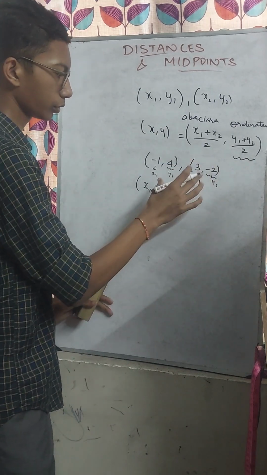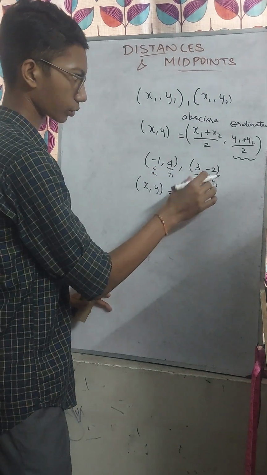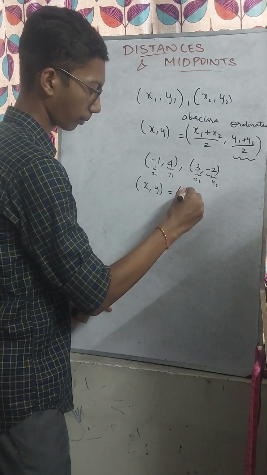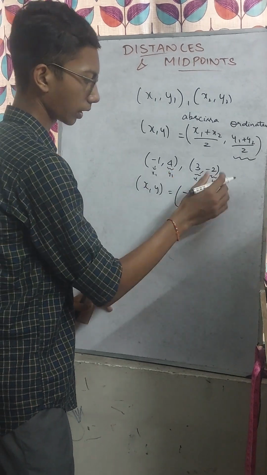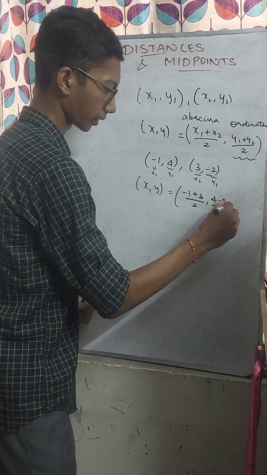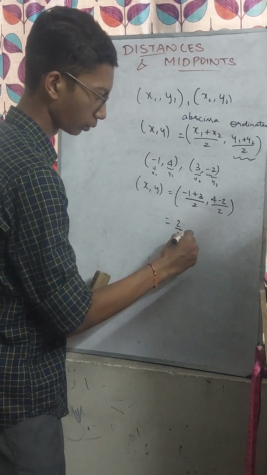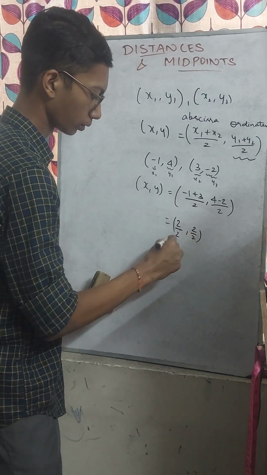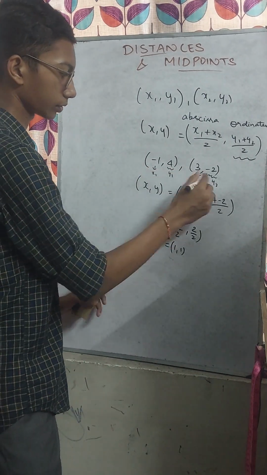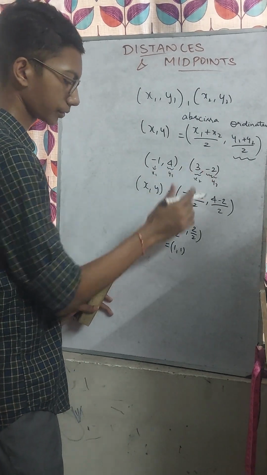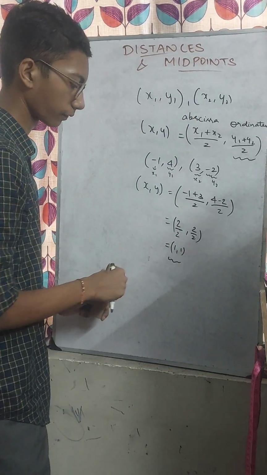Don't forget the signs because that will give you wrong answers. So the average of x1 and x2 is minus 1 plus 3 by 2, and for y, 4 minus 2 by 2. So the point is 2 by 2, 2 by 2, so we have 1, 1. The midpoint of these 2 points is 1, 1. And that's how you find the midpoint.